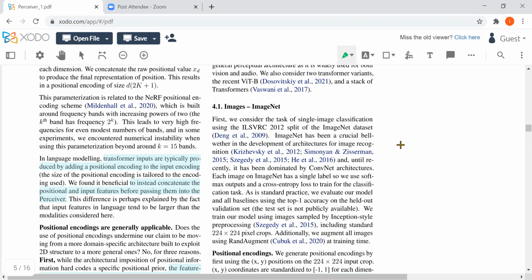When we had this input, it was M cross C, so C for a single image would be the three color values, red, green, and blue. If we map this to a video stream, would M become the time and C become very, very large because it's the pixel dimensions?